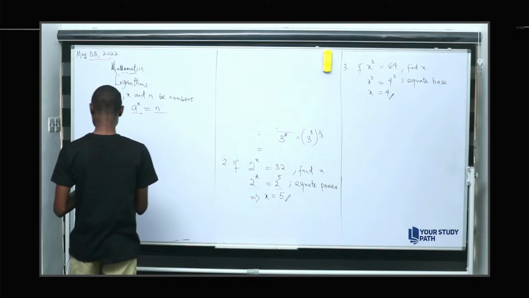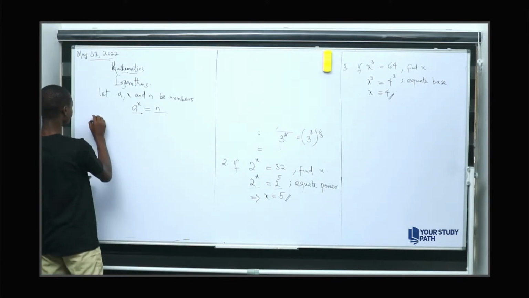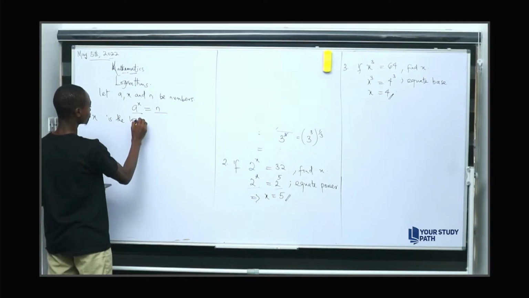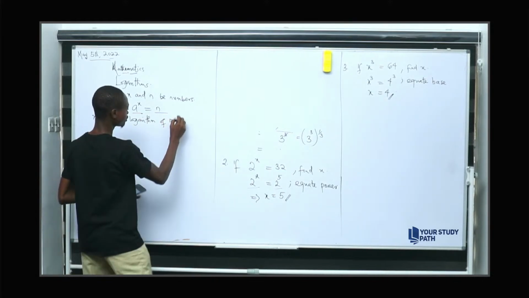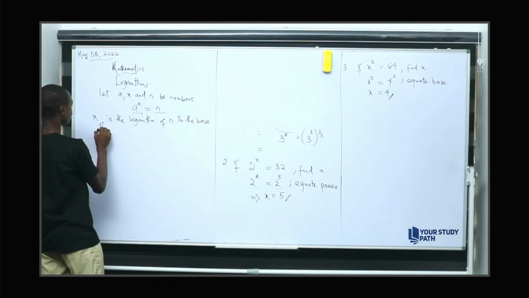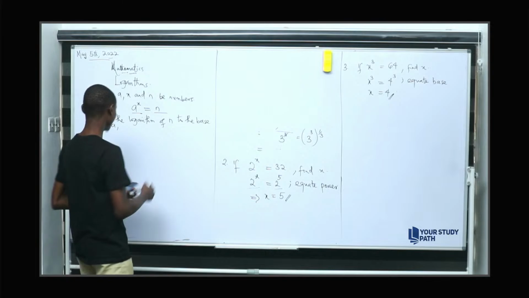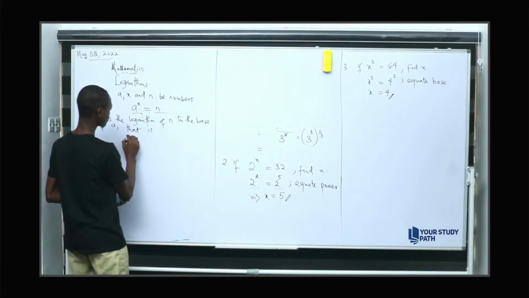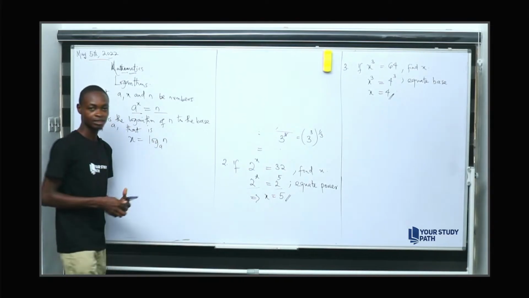Now let's introduce what this means. x is now the logarithm of n to the base of a. In mathematical terms, this means x is equal to log n to base a.